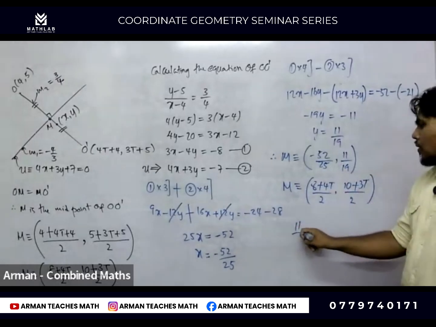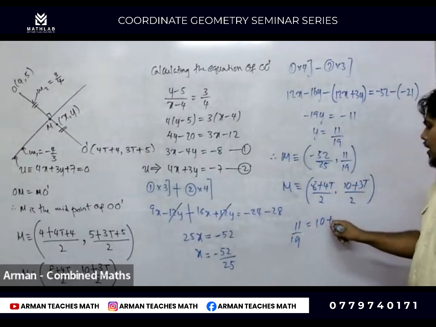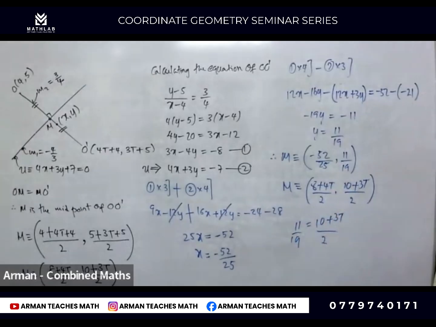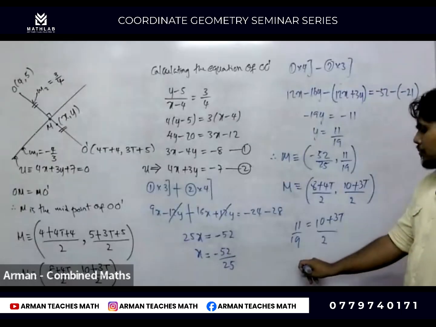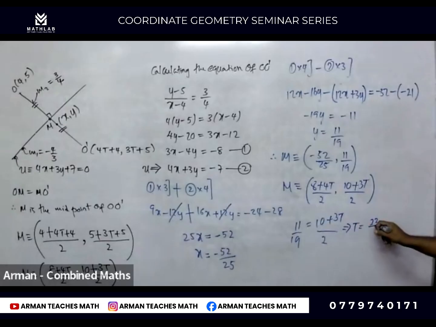So 11 over 19 equals 10 plus 3t over 2. So do a cross multiplication, 22 over 19, minus 10, divided by 3. So if you subtract 10 from this, you'll get 2 times 11 is 22 over 19 minus 10.